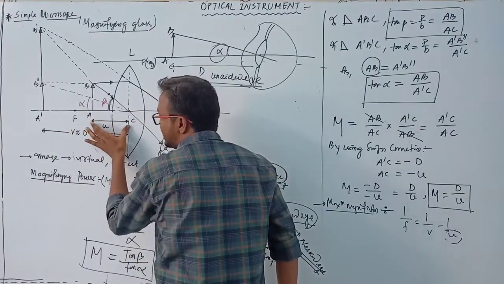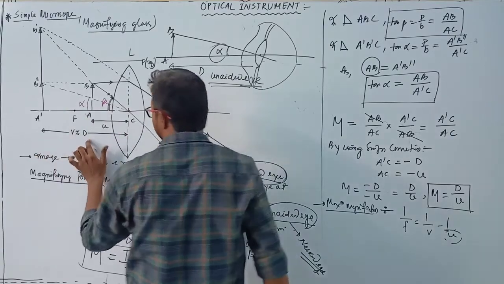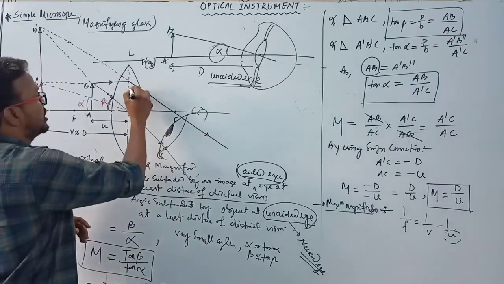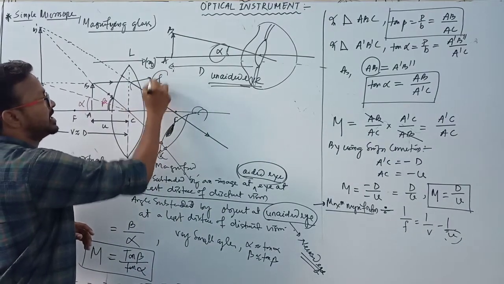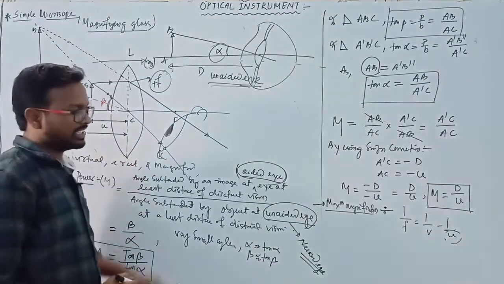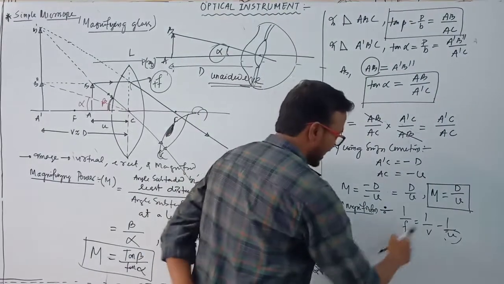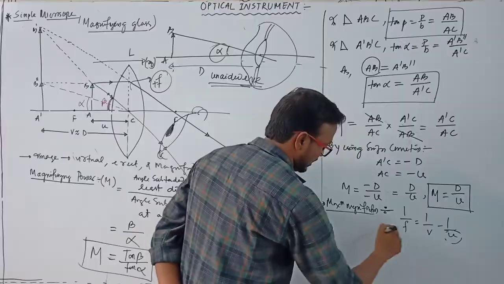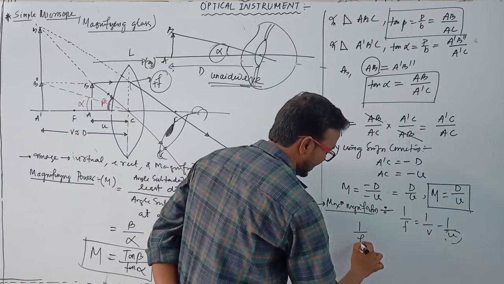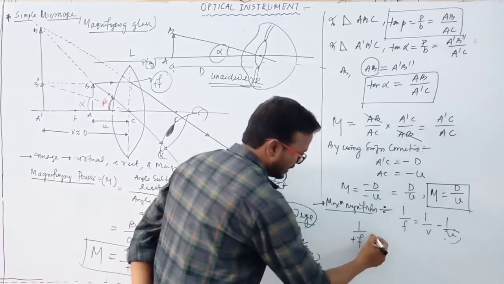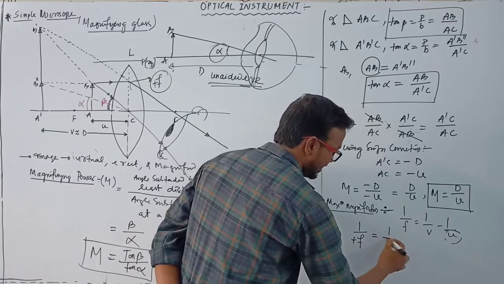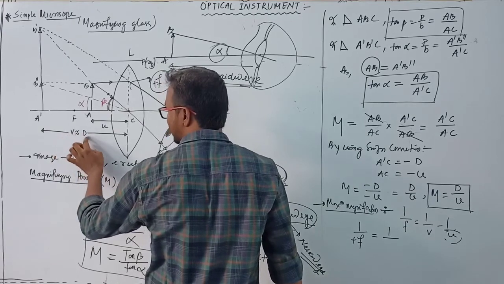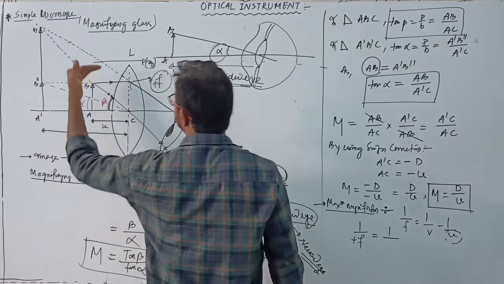Suppose here the object is at u and the image is at a distance v. You already know that for a convex lens the focal length is always positive, and for a concave lens the focal length is negative. So using the sign convention, 1 by f, which is positive, equals 1 by v, and v is here the least distance of distinct vision, which is negative because it is along the opposite direction to the incident ray.